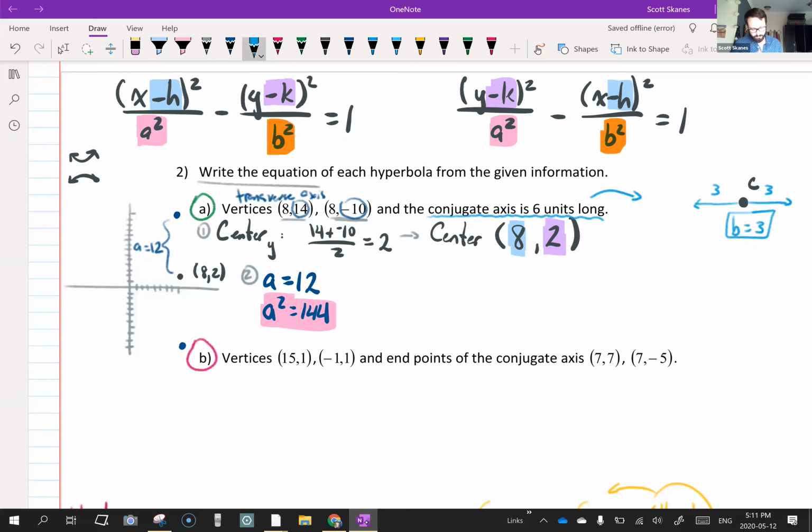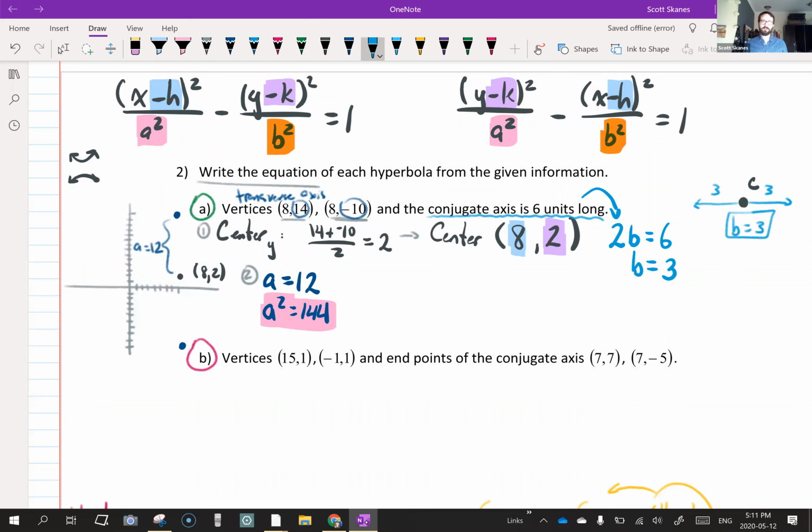Or in other words, maybe you want a quicker way or a more foolproof way to do this. If it tells you the length of the conjugate axis, you just take 2 times the letter that relates to that axis. In that case, it's B. So in this case, B is 3.